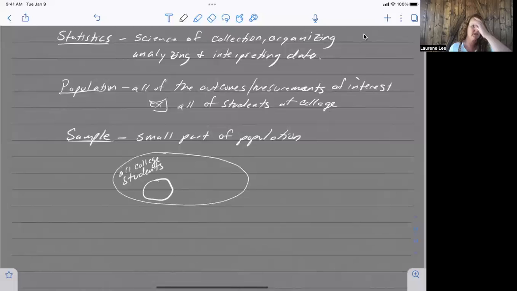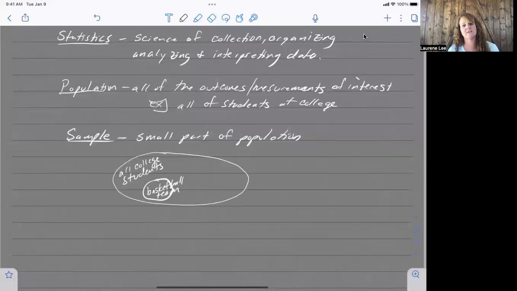Now, the issue though, is that you can create that sample, that smaller group, in a lot of different ways. And some ways are good, some ways are bad. Some create what we call a bias, which is like, well, you kind of picked them in a way that's going to skew the results. So for example, if I want to know the average height of the students at my college, and what I do is I go and I pull a sample of the entire basketball team and I measure their heights, what's going to happen?